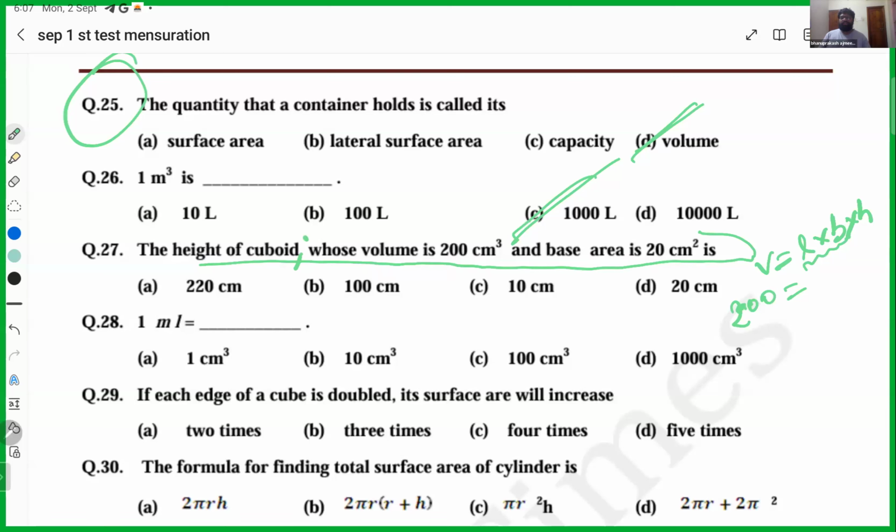Students, any confusion in this? Base area means what? Just now I told you, in a cuboid there is top area and base area; base means bottom. Bottom area is length into breadth, no? Yes, sir.